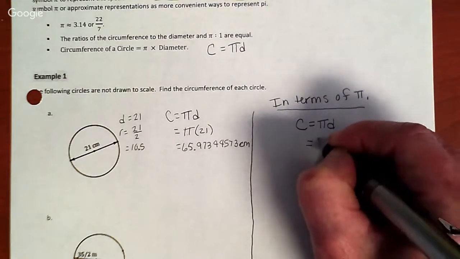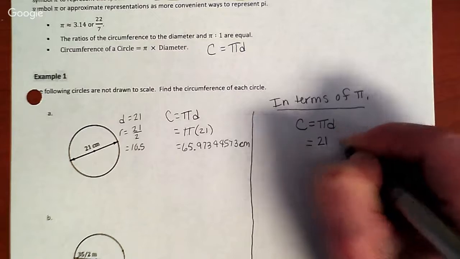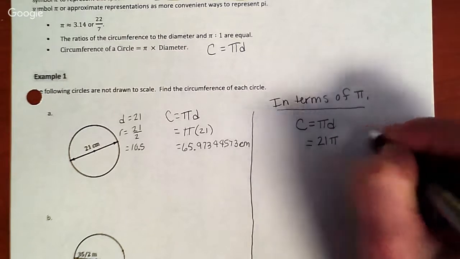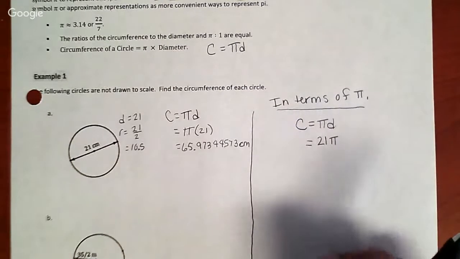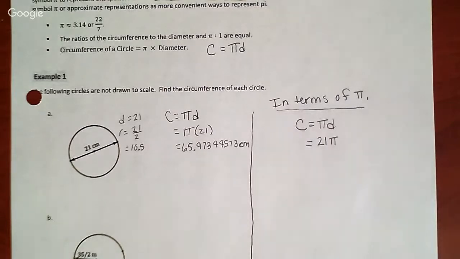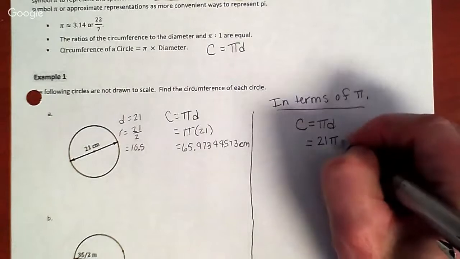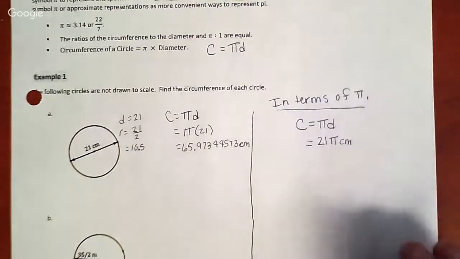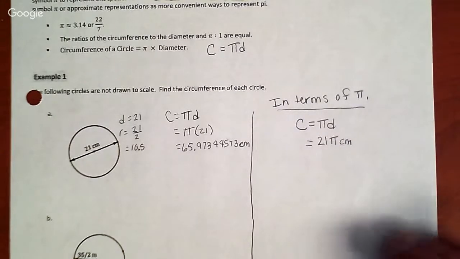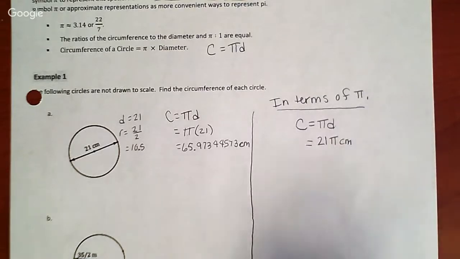So I'm going to replace that D with 21 and then put pi after it. Leaving it in terms of pi means leave pi in your answer. And then we just label it with centimeters, and we're done. That's all you need to do. So our next question.